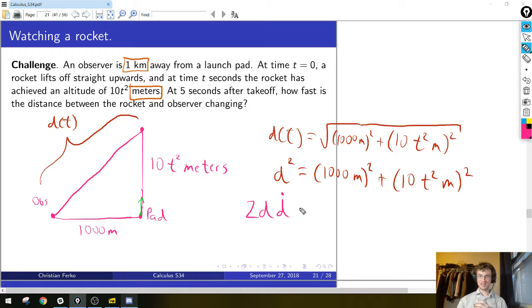I'm putting d dot, I like it. I'm also going to suppress the d of t's, since everything depends on time, so that's fine. You could write this as d prime of t if you like, but I'm going to pull some physics. Okay, what about the right side?